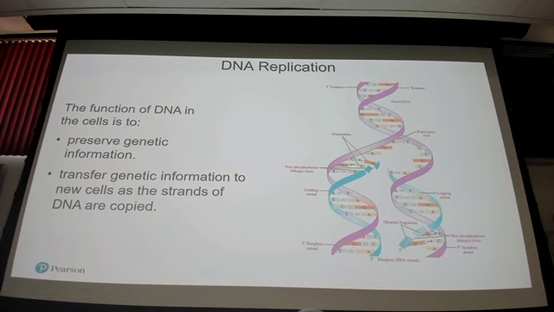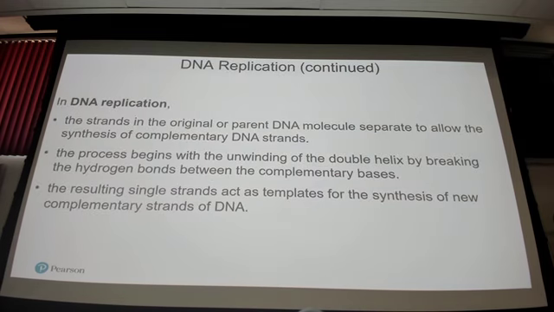So DNA is replicated in order to transfer our genetic information to new cells. We're going to go over how DNA replication occurs. What happens is the DNA molecule will separate, which allows the enzyme responsible for generating the new sequences to come in and synthesize 2 new nucleotide strands.